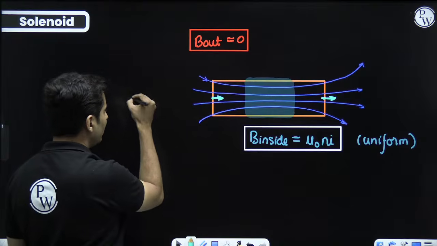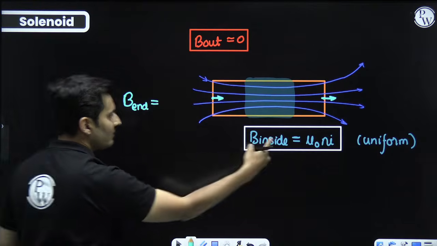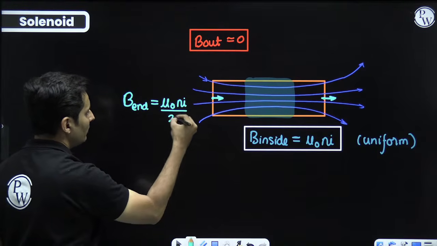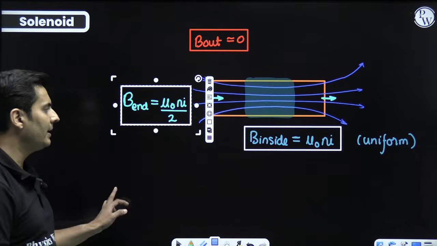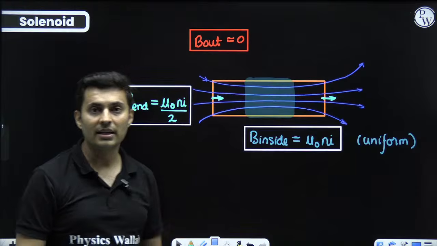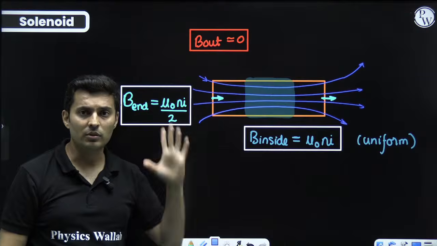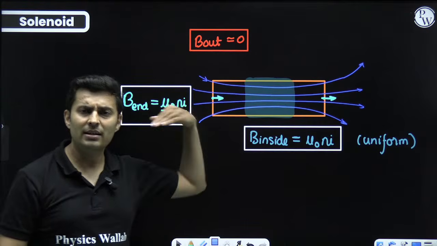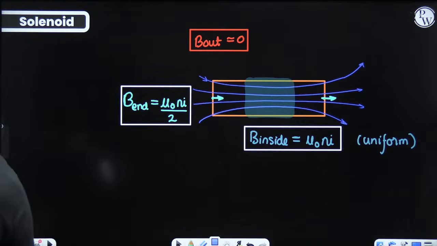That particular magnetic field at the end of the solenoid is very similar to this mu naught n I, just that you have to divide it by 2. So exactly half of whatever you get inside. Now this formula comes very rarely, but if it comes, you know how to use it. So whatever is there inside, exactly half of it. Outside, it completely vanishes. Okay? Clear? So remember this. All right.